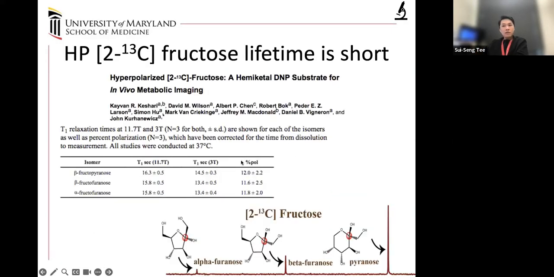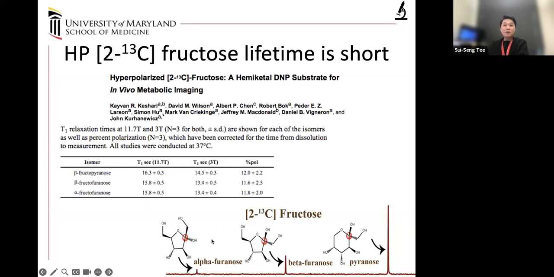Unfortunately, as I've mentioned, hyperpolarized MR is limited by physics. The hyperpolarized state of the carbon only lasts at most 1 minute. It very highly depends on the molecules. The lifetime here is called the T1. The T1 value determines how long the hyperpolarized state is, and it's affected by many different factors, including how many protons, how many hydrogens, there are in the molecule.